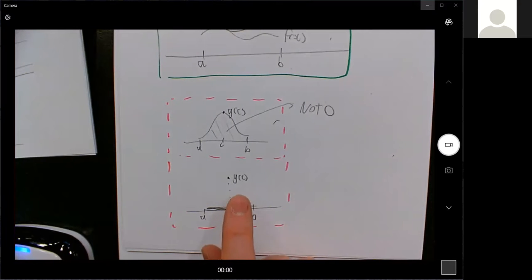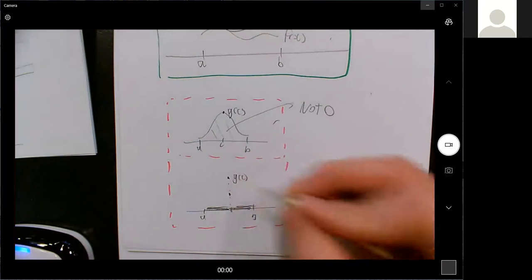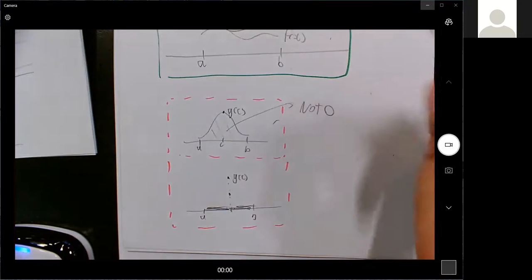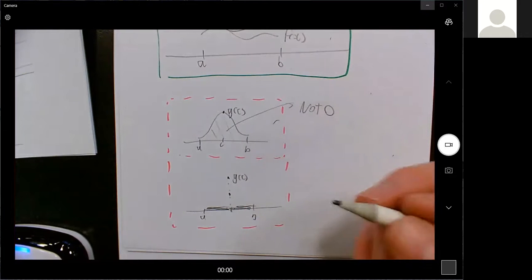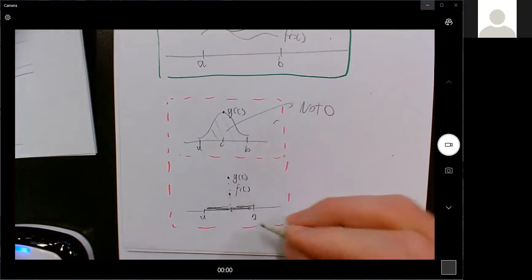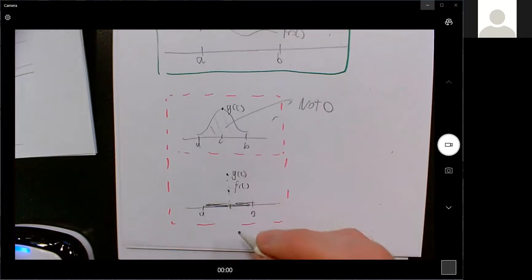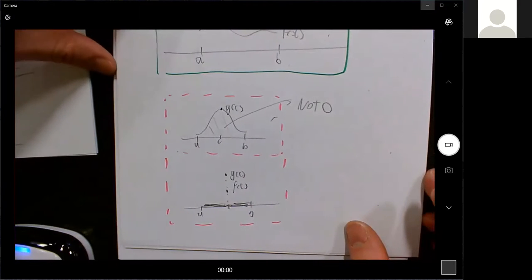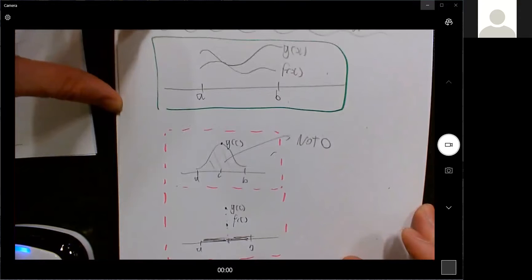It needs to somehow indicate, I'm not 100% sure what's going on yet, but somehow indicate that the only way for f of x to not be 0 is for it to just be a standalone number that doesn't make a difference to the overall integral. I'm not 100% sure how to go about doing that yet.